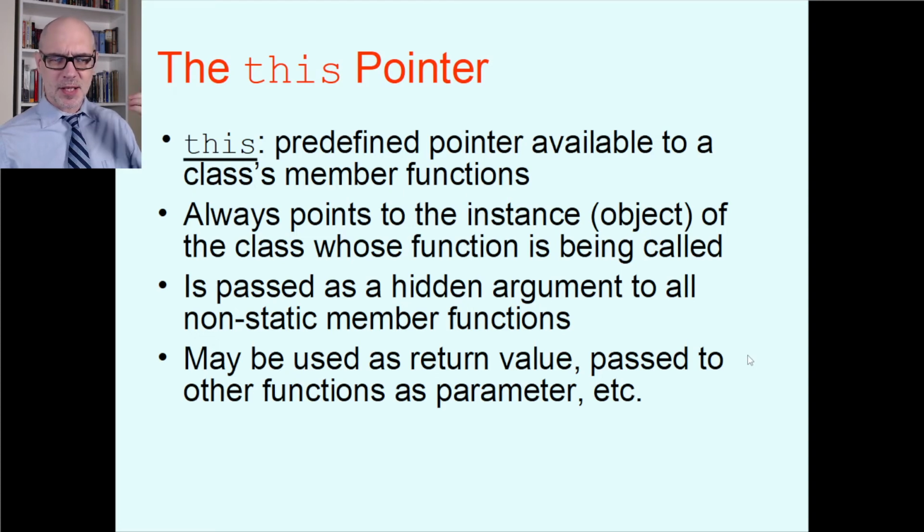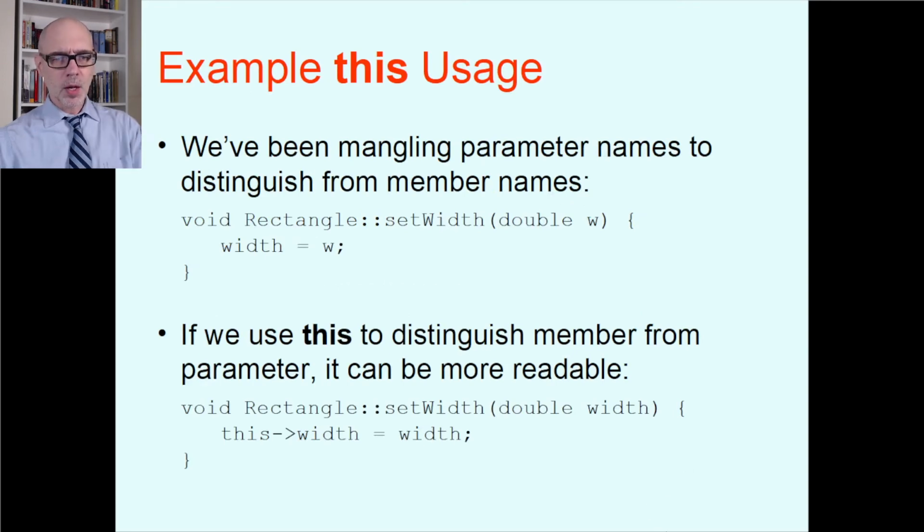Okay, let's think of one very simple example that I use this for in my own code. One thing that has honestly irritated me a little bit in the last couple of lectures is that all of our class functions, like our mutators and our constructors, have been mangling the parameter names going into the functions so as to distinguish them from the member names.